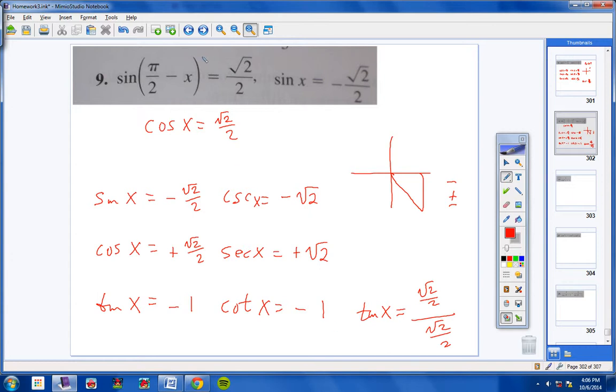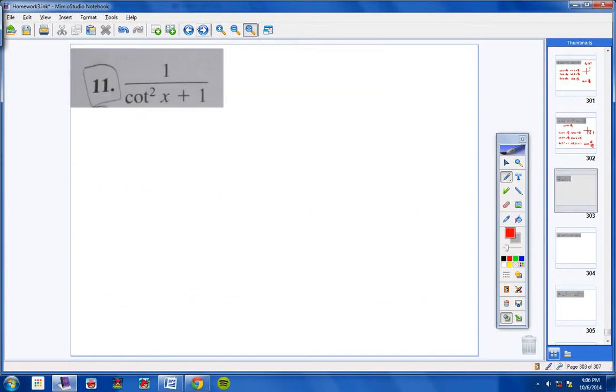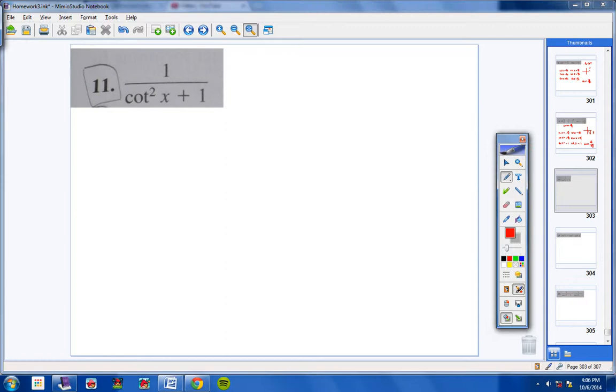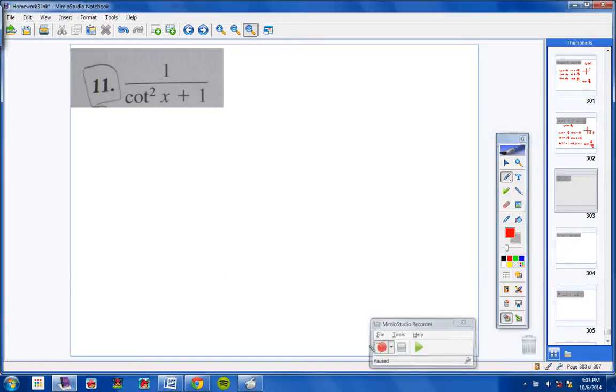Okay, let's take a look at number 11. Now the directions for 11 say to simplify this problem as far as we can go. Okay, so here we go. Let's go ahead and try to do this. Okay, now students, for me, the first thing I notice is I have a cotangent squared, okay? And if I have a cotangent squared, I think of my Pythagorean identity.